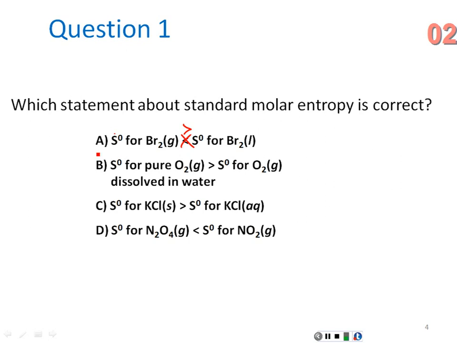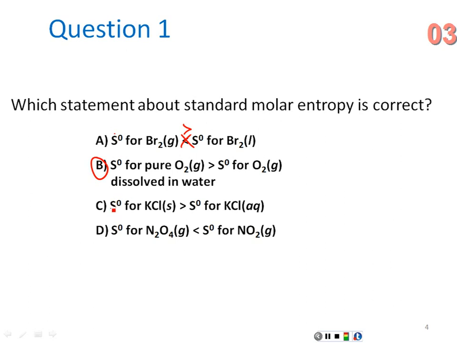And this is true, so this is the true statement. If you remember from last time, a pure gas, a gas in the gas phase, has a higher entropy than gas that is dissolved in water. And let's look at C and D anyway, even though we know B is the correct answer.